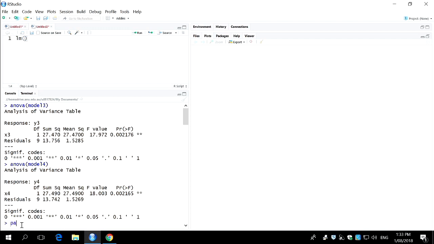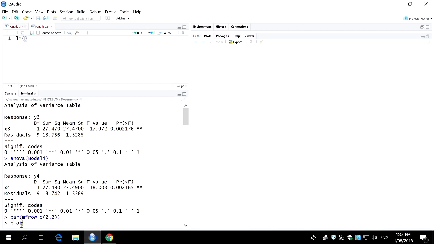Okay, now to do this, I'm going to look at it all on this one screen here. So I'm going to go par(mfrow = c(2,2)). What this does is it says I'm going to put multiple plots on the same screen and I'm going to lay them out in a 2x2 grid. So par(mfrow = c(2,2)) will lay them out one next to the other. Okay?